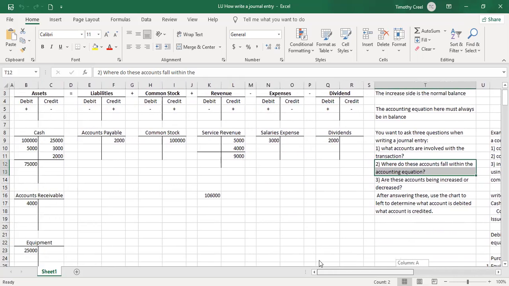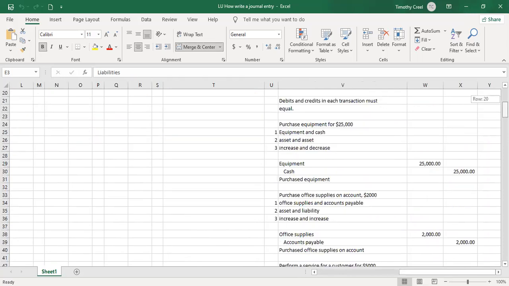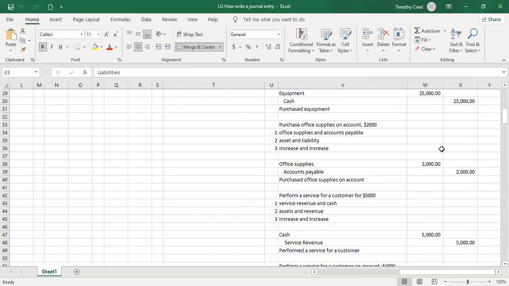So we'd jump over here. And if we have office supplies, that is an asset. If we have accounts payable, that is a liability. And then we'd ask ourselves, are we increasing or decreasing the accounts with this transaction? In this case, we would be increasing office supplies because we're purchasing and bringing in more office supplies.